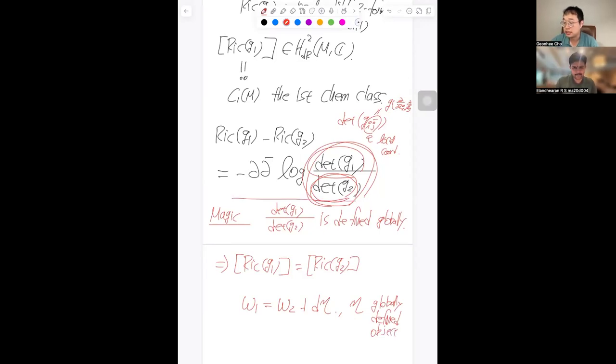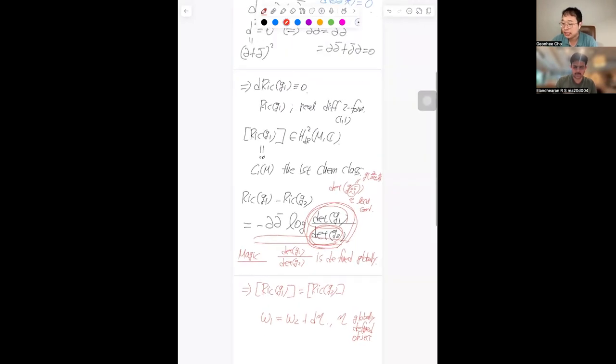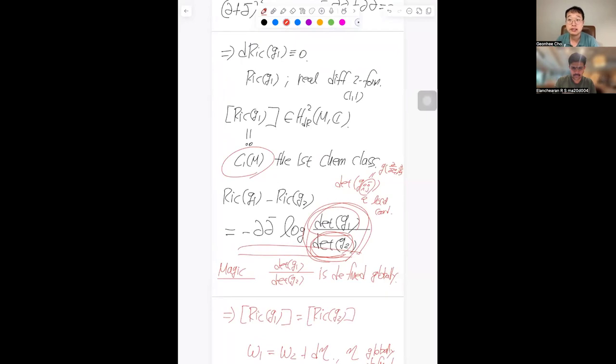And because of this description, whatever metrics we choose, the representative in the de Rham cohomology class is always the same. So it makes sense to say that this concept of the representative does not depend on the metric. That's why we call this the first Chern class. Does that make sense to you? So that's why this expression is so important.